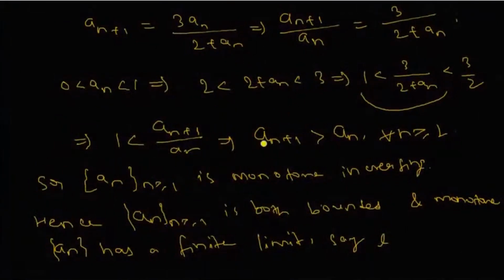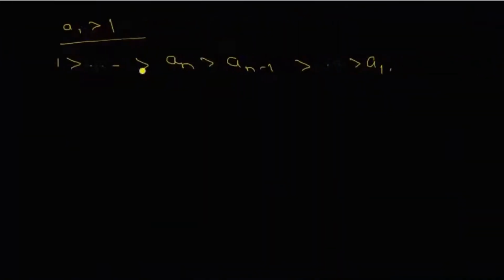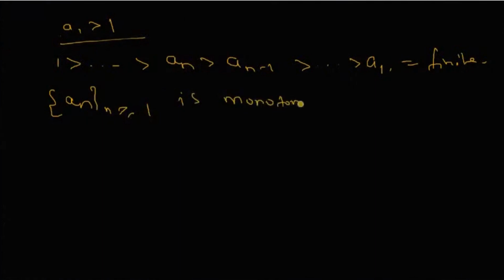As we have shown here that it is monotone increasing, there you will get that this is monotone decreasing. The sequence a_n is again monotone decreasing.